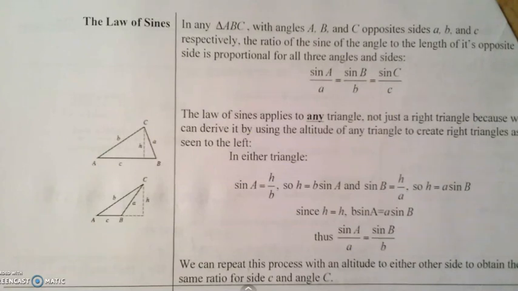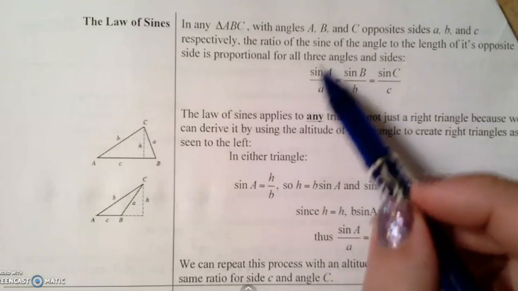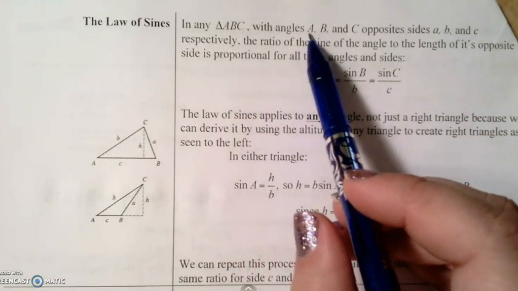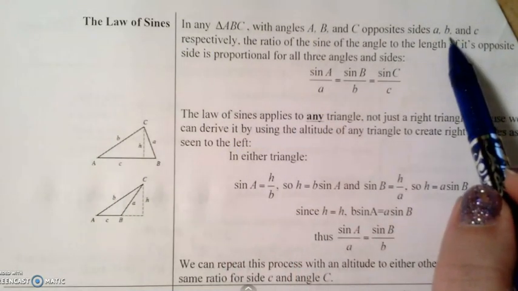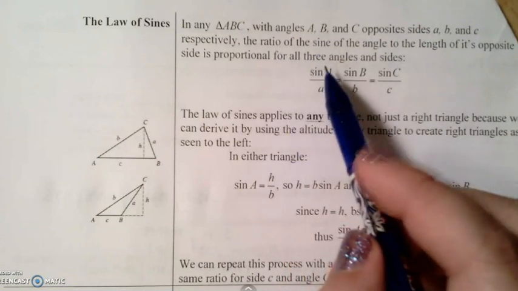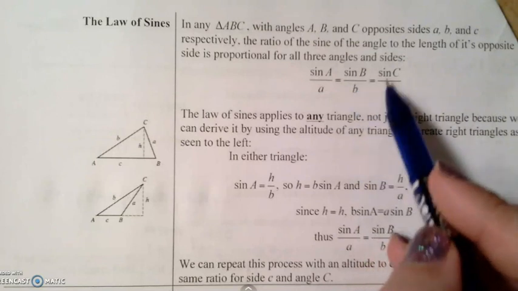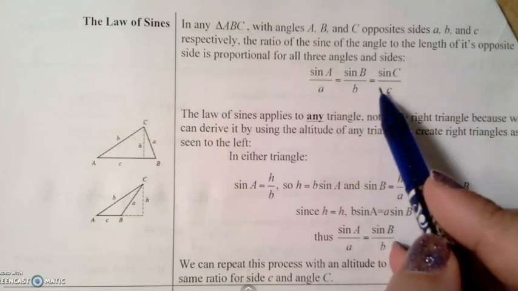All right, let's take a look at the next page. The law of sines is one of the most important theorems that we're covering this chapter, which means that it's really, really important and you should definitely know how to apply it. It's relatively simple to set up. So in any triangle, we can say that the angles and opposite sides give us this ratio where sine of the angle divided by the side equals each ratio of sine of the angle divided by the side.